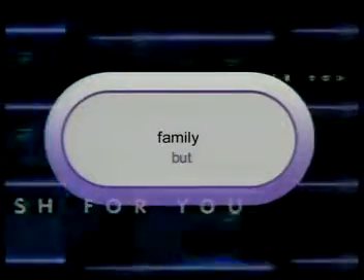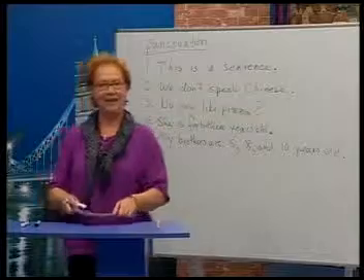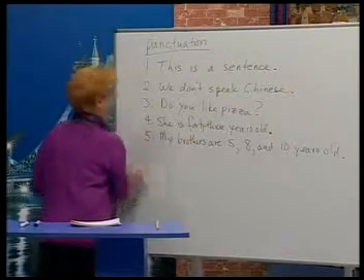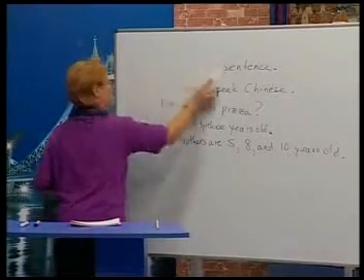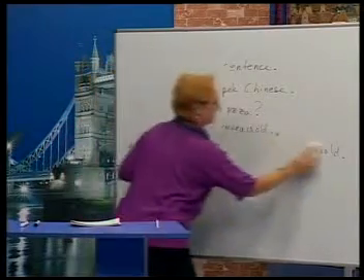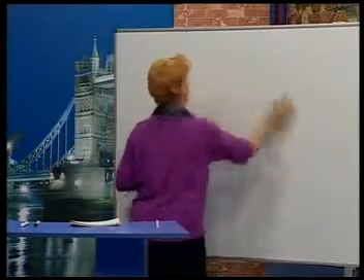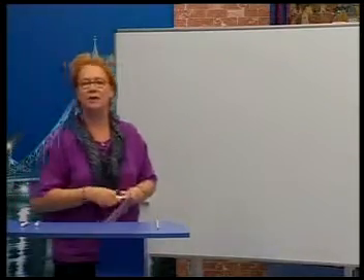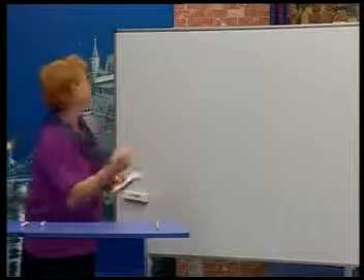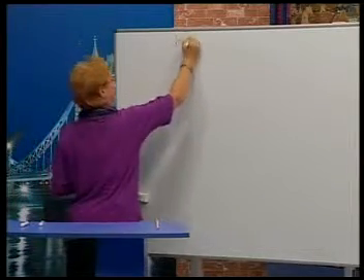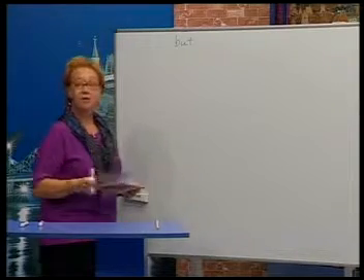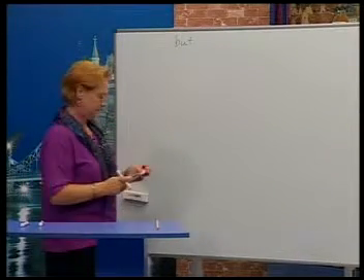Family, but. Now, we're going to use but to join sentences. We saw but before. So let's see it again. Before, we saw but joining two adjectives. And it means different. Now I will show you how to use it with sentences.